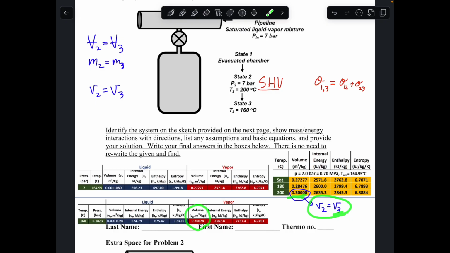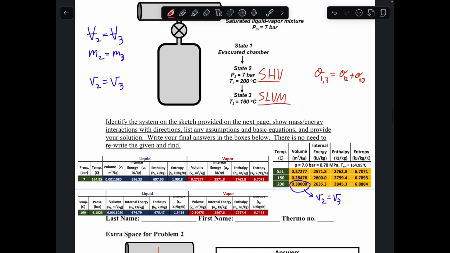And we see that it is, because we're in between this value of 0.001102 and this one of 0.3068. So this value is in between those values, and that means that we are in the saturated liquid-vapor mixture range for state 3. But we're at a different set of temperatures and pressures than we're at for the supply line. So these are different tables, but we will be in the mixture range.